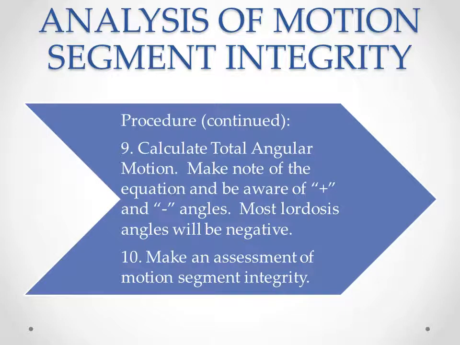Okay, next step in our procedure, according to the AMA guides now, is to calculate total angular motion. And be particularly careful with your plus signs and your positive signs.